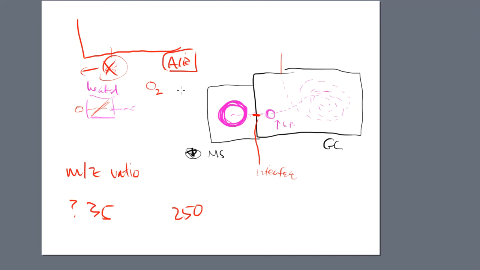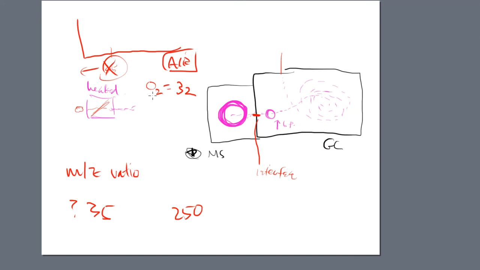The formula weight for O2 is oxygen 16 and another oxygen 16, so 32. That's right below the 35 minimum. Again, anything below 35, the machine is going to ignore. So if we do get some weird, strange signal from oxygen gas that's made its way in, then our values and the data are not going to be tampered with. We don't have to worry about that contaminant that comes through.